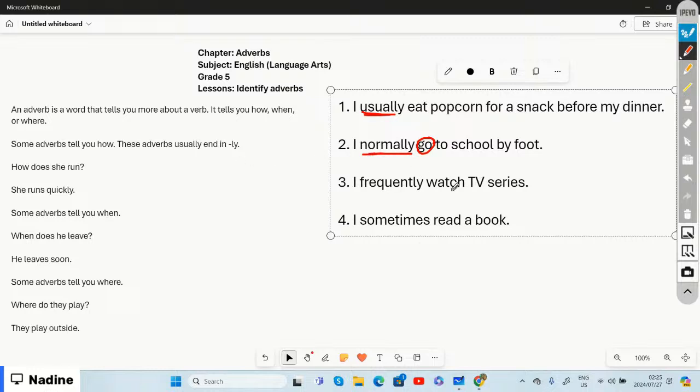I frequently watch TV series. Here we have our verb, which is watch. What is our adverb within the sentence?